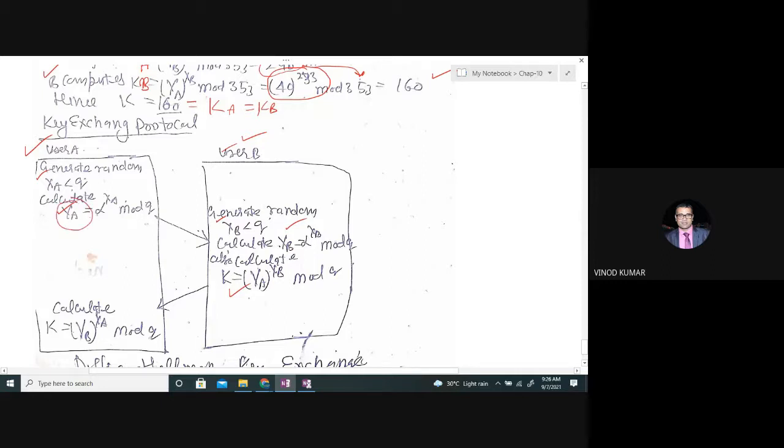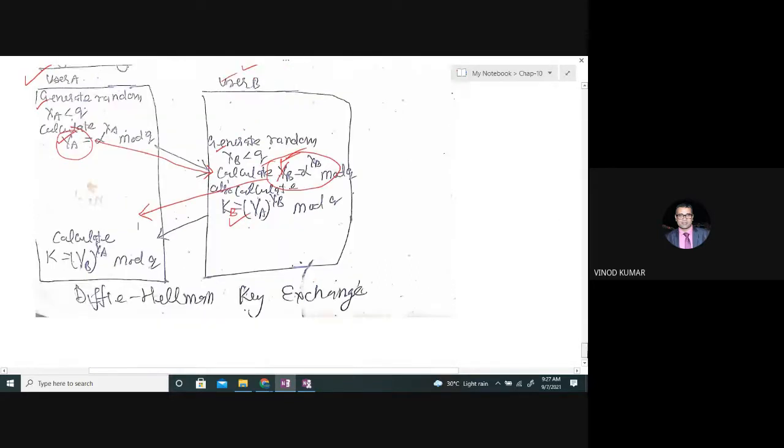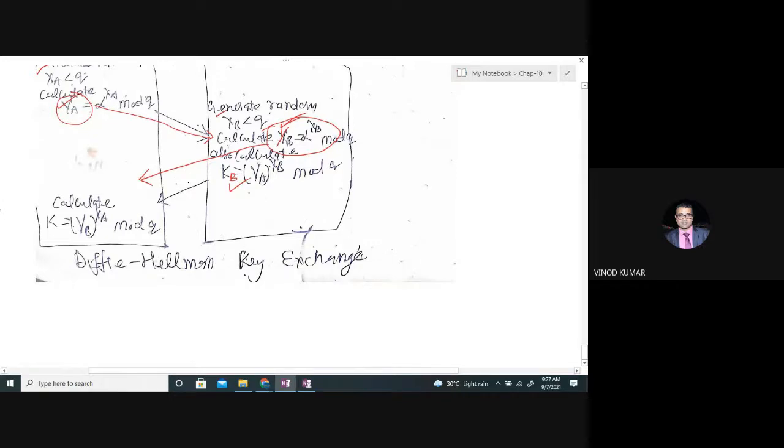This value y_b is sent to user A. User B calculates the shared key k_b. Then user A calculates this, so here the common key is k_a equals k. This is actually how the key exchange works.